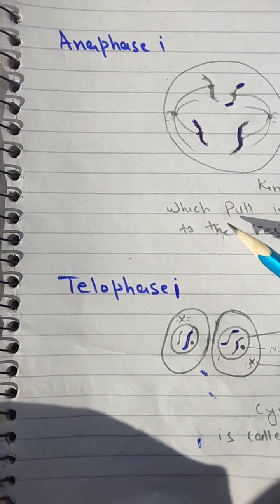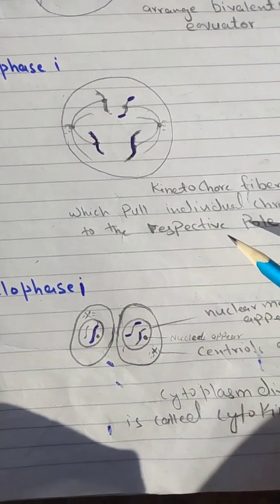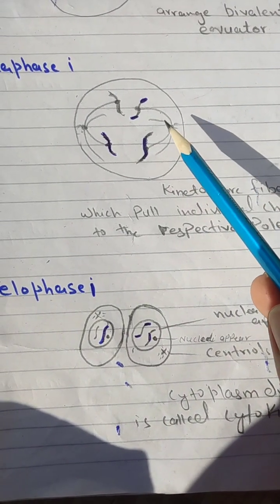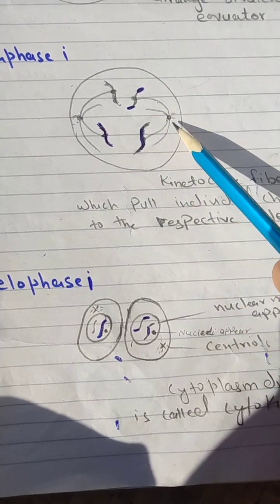The kinetochore fibers pull the individual chromosomes to the respective poles.